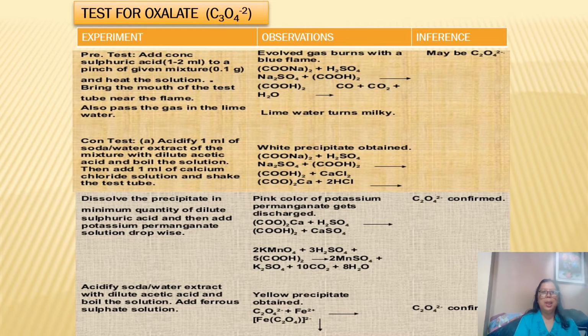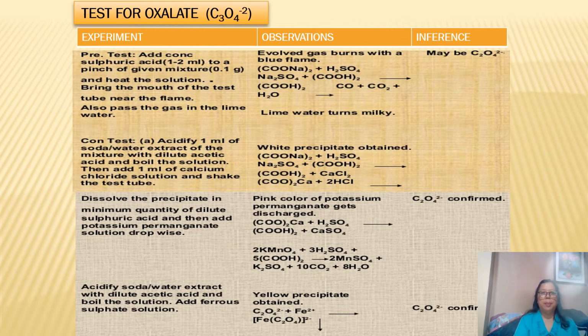But to confirm the test, after acidifying the extract, whether the soda or water extract of the mixture or unknown, with dilute acetic acid, boil the solution and then add calcium chloride. If the test tube will eventually form a white precipitate, you could say that oxalate might be present.